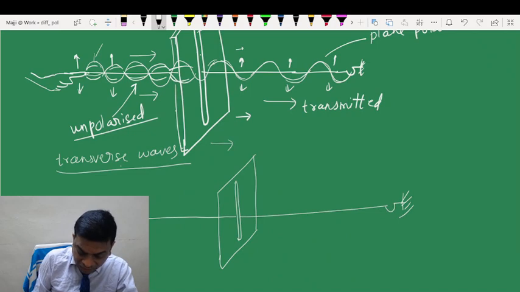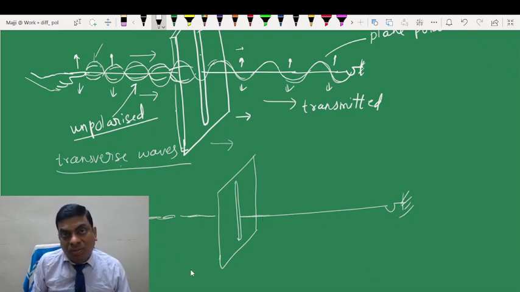So let us say that the person is shaking the string along the length. So these longitudinal oscillations will be set up, students, and they will be able to come out without any problem.